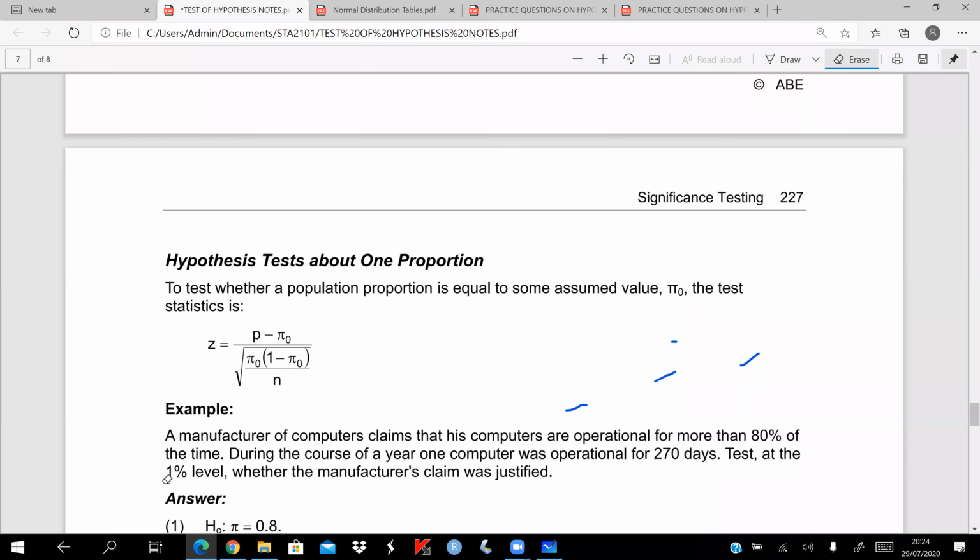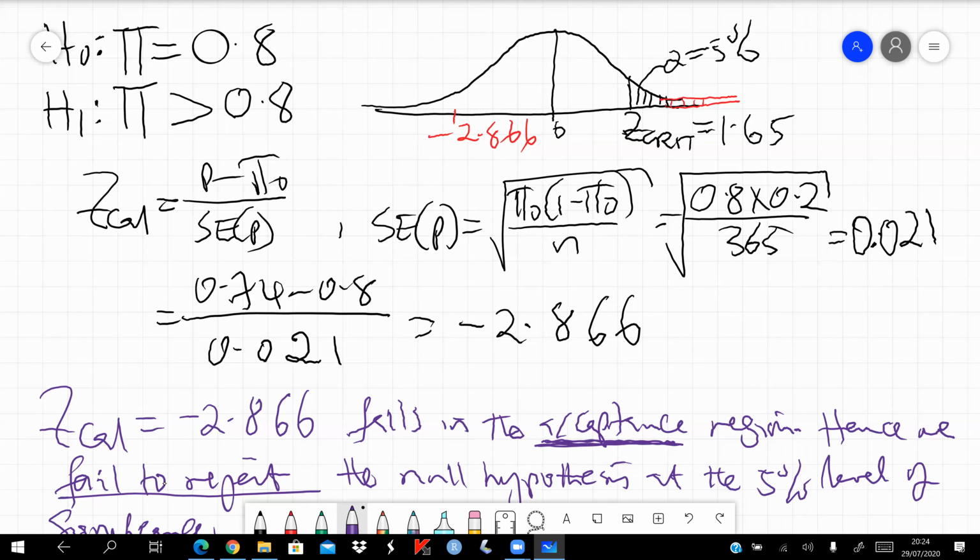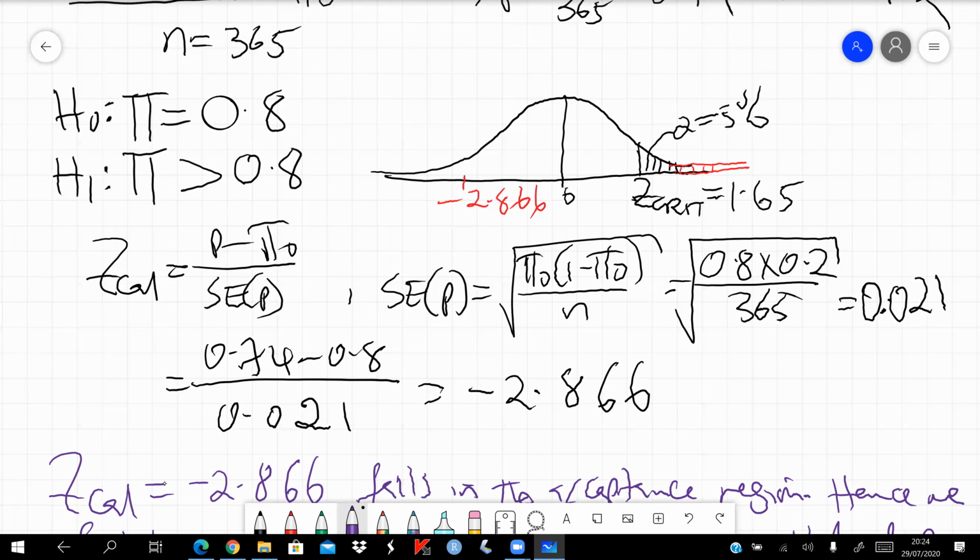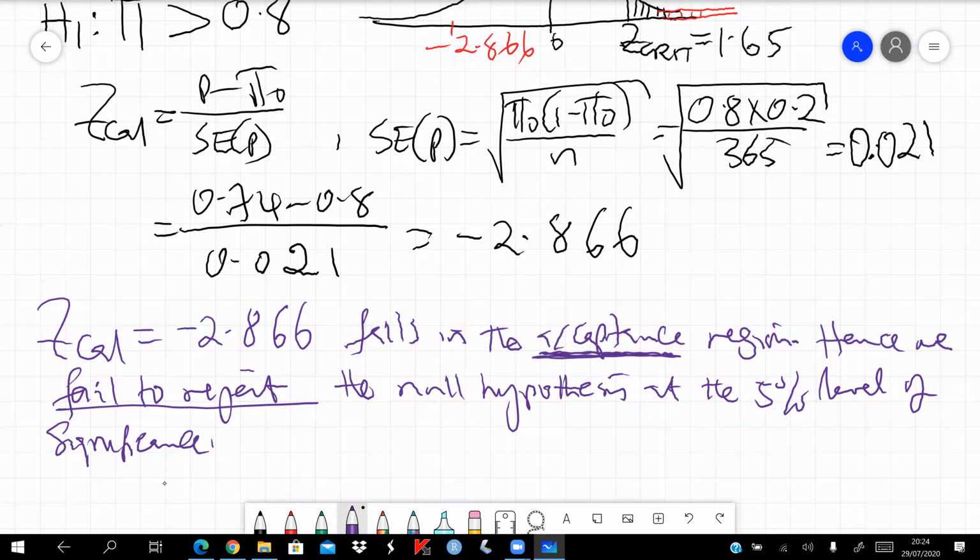You can do 1% at home. I did notice that we were given alpha as 1%, so you can see how the question will change if you use 1% at home. So at 5% level of significance.